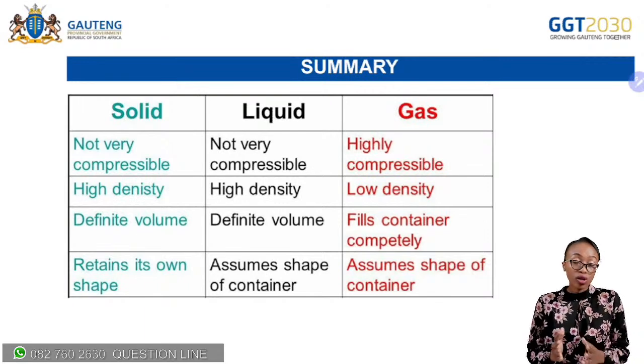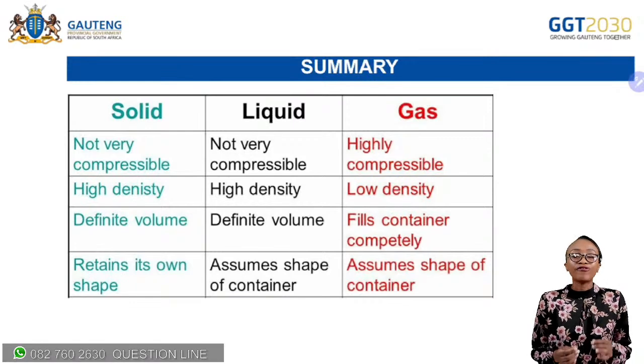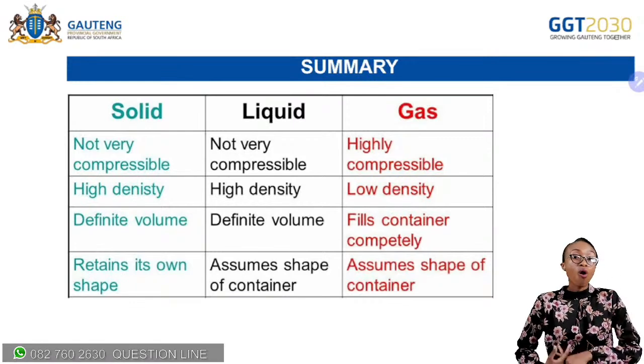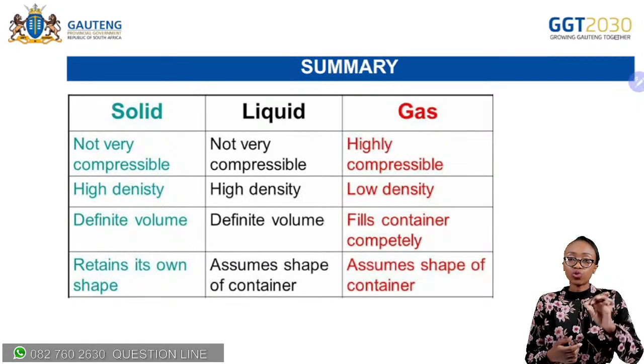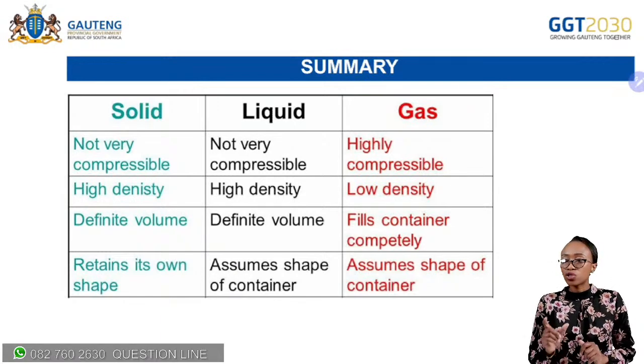And then the solid will always have a definite shape. And then the shape of a liquid: liquids always take the shape of the container. If you take 1 liter of milk and pour it into a mug, it's going to take the shape of the mug. If you transfer that 1 liter from the mug into a bottle, it's going to take the shape of the bottle.